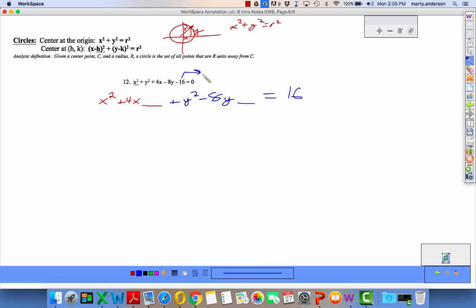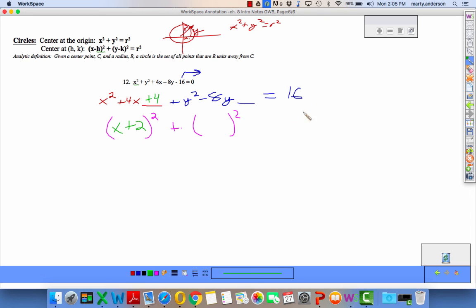So I move this over. All I did was group my x's and group my y's because my next step is going to be to turn this into my x minus h squared and turn this into my y minus k squared. And we're going to do that by cut it in half, plus 2, square it, plus 4.